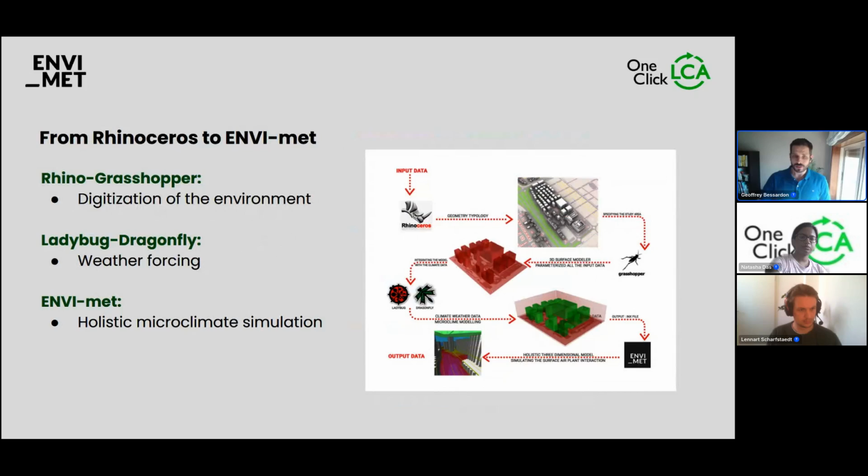First we look at Rhino to create our geometry. We specified the 3D area with Grasshopper, used the weather data from Ladybug, and then ran the simulation with ENVI-met, and you got the output data. So you see ENVI-met can be integrated in an existing workflow.